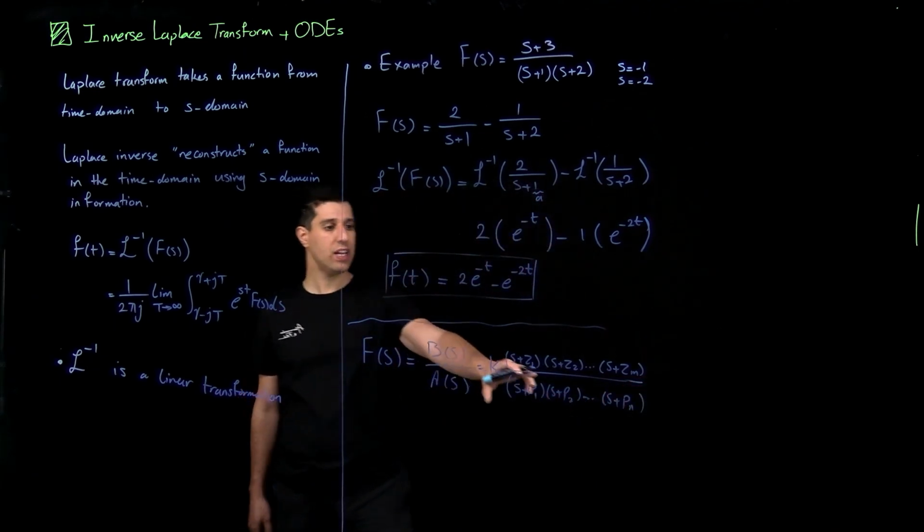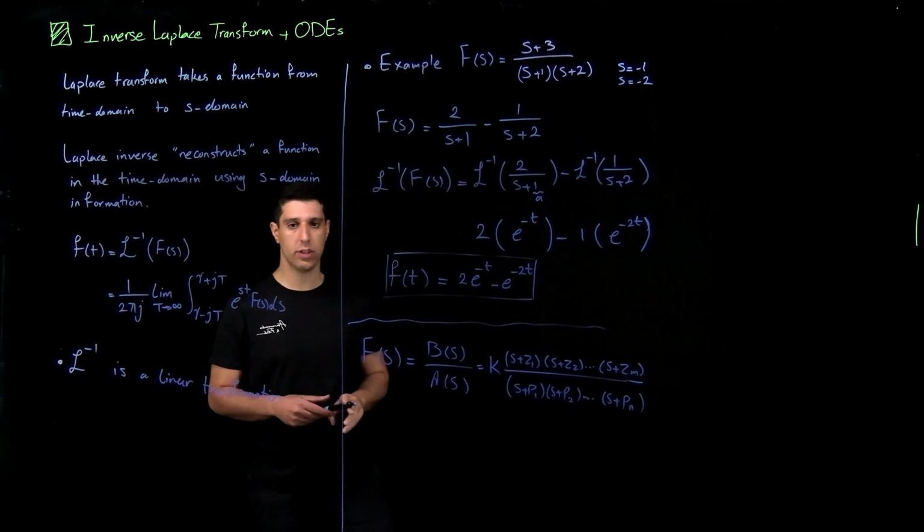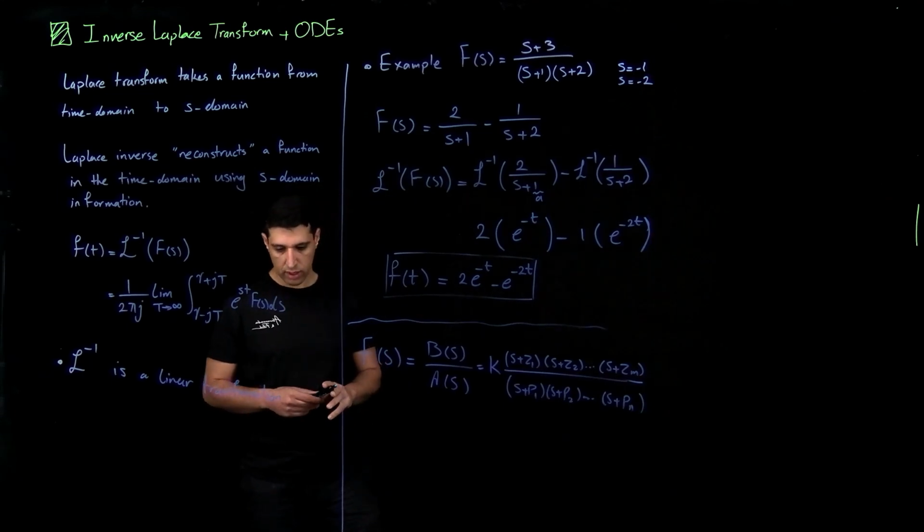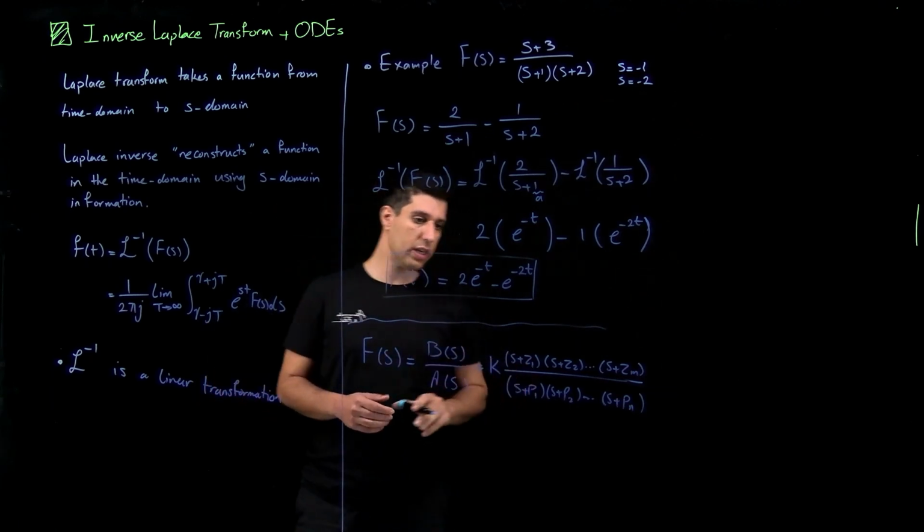So I have n poles and m zeros. So this is already a good starting point.